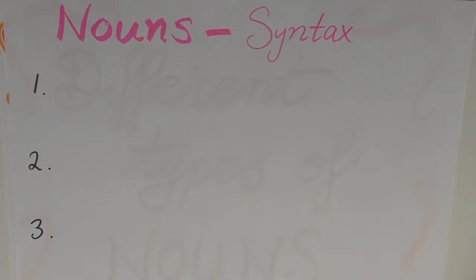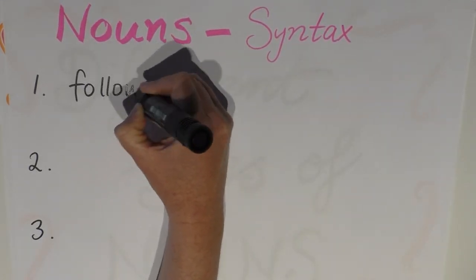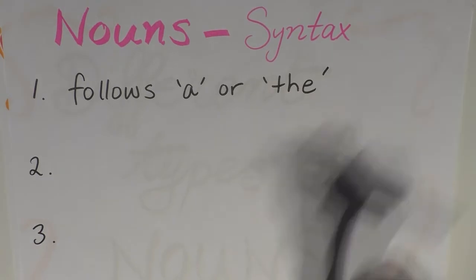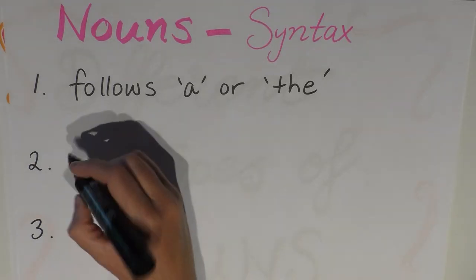So our first syntactic behaviour of a noun is that it can follow a or the. Note that not all nouns have a or the, so again, there are exceptions. But if there is an a or the in a sentence, you can guarantee that there will be a noun soon after.